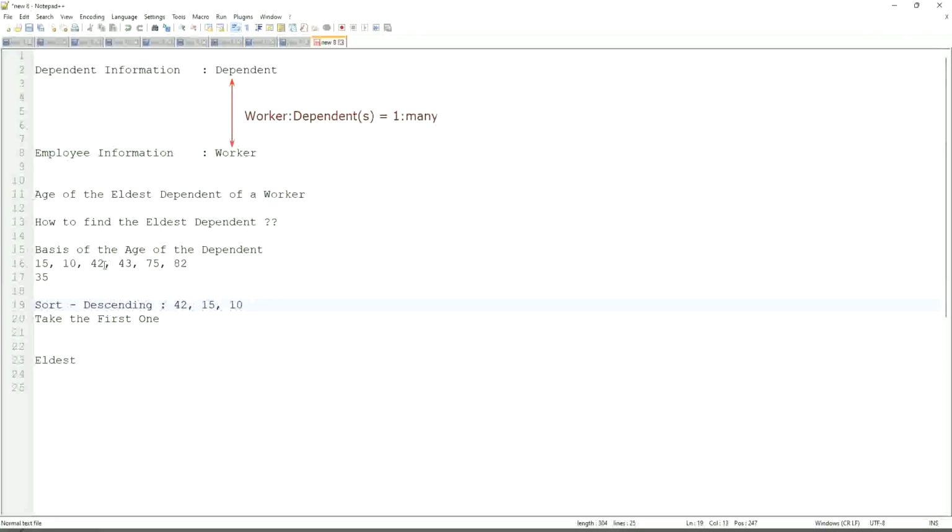Only one problem is if there are multiple dependents with the same age. If there are only children as dependents, and there is a twin of the same age, at that point it becomes difficult, but other than that it is more or less foolproof.